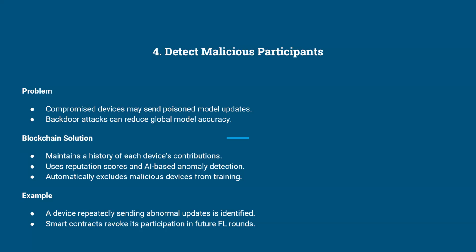AI-based anomaly detection can identify anomalies from particular devices, and it can automatically exclude malicious devices from the training. So a device which is repeatedly sending abnormal updates, if identified using these AI-based anomaly detection techniques, we can revoke its participation in future federated rounds.